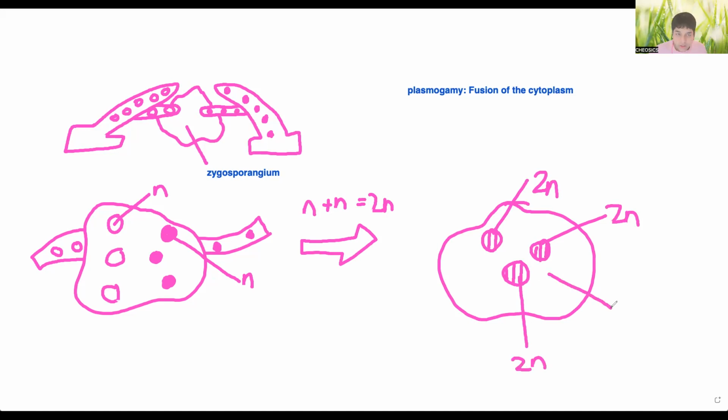The zygosporangium is still present. Once you get these diploid nuclei, these diploid nuclei divide by meiosis.